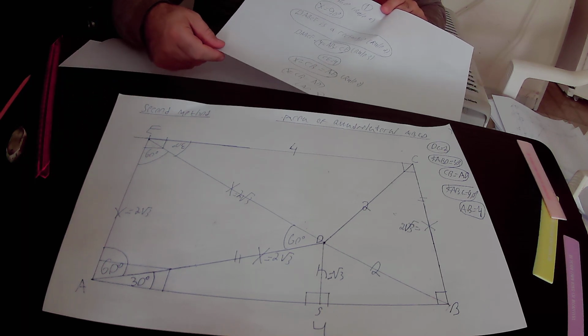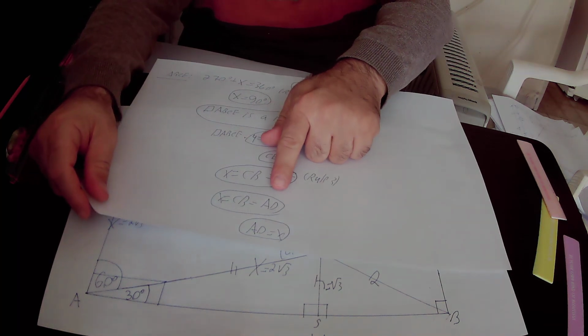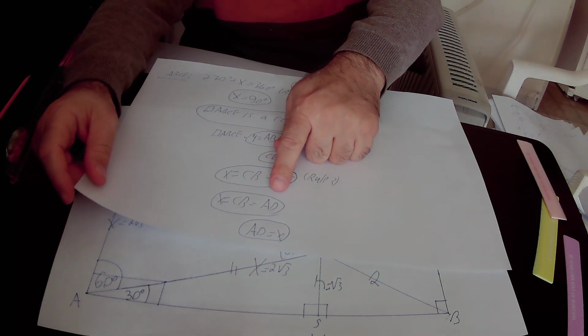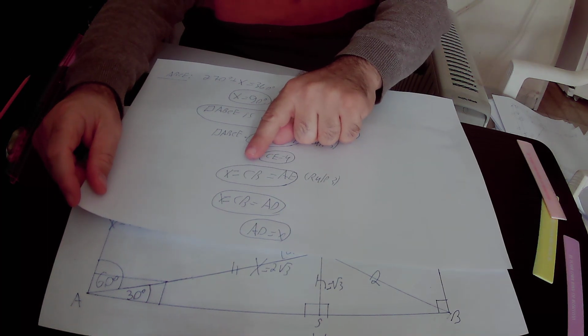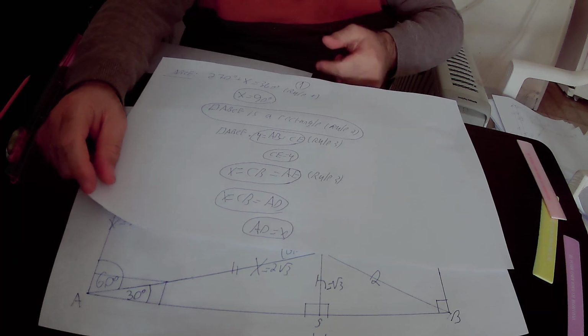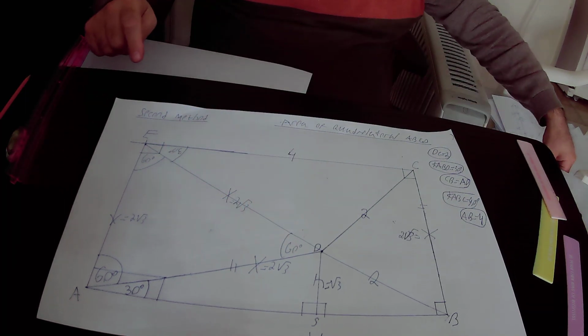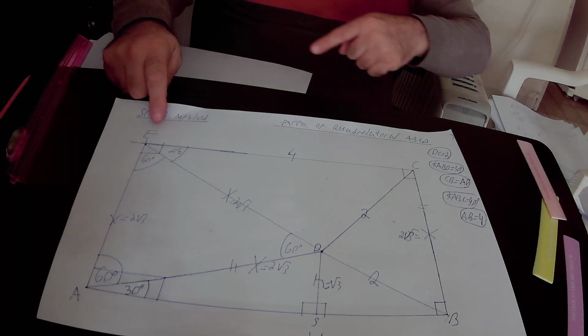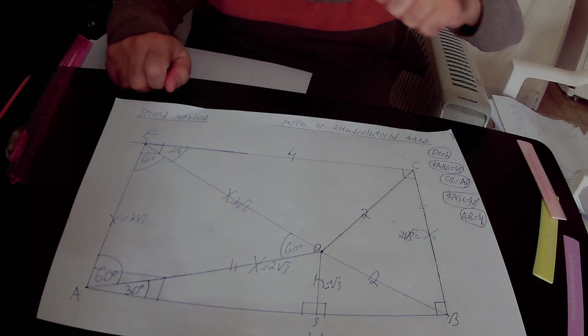But we know it is given in the question that CB equals AD. But CB equals X according to our definition. From this equation we derive that AD also equals X. Then we connected points E and D by a straight line, and we connected points D and B by a straight line.